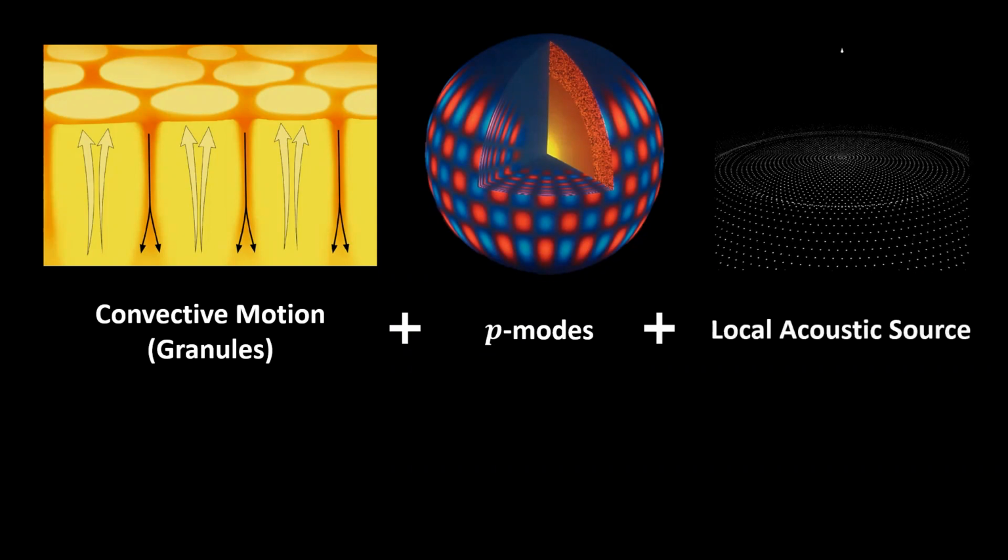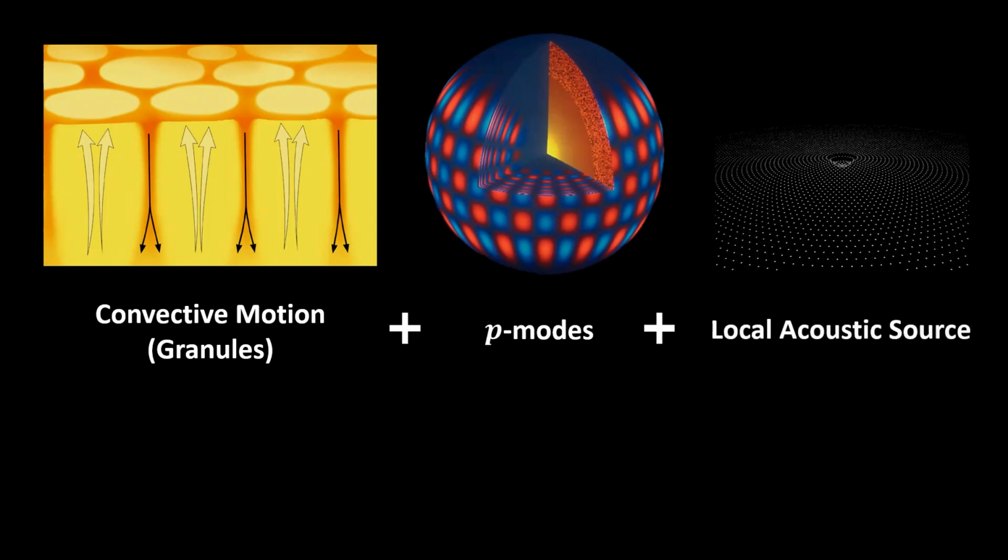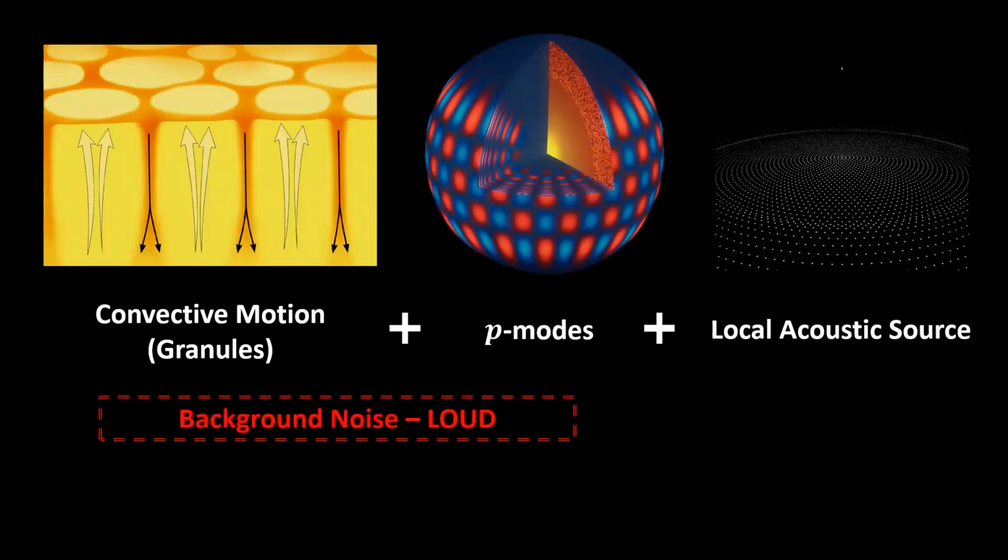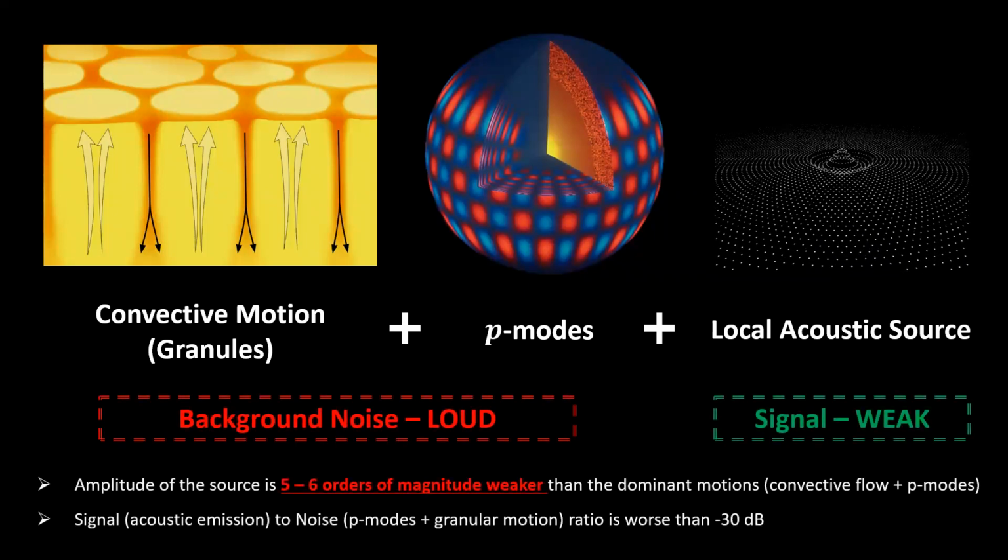Now, our target is to find these local acoustic sources. What we have found is that the problem of identifying an individual acoustic source is that it is really weak compared to the granular motion and the P modes. So for this research, we have designated all the granules and the P modes as background noise.